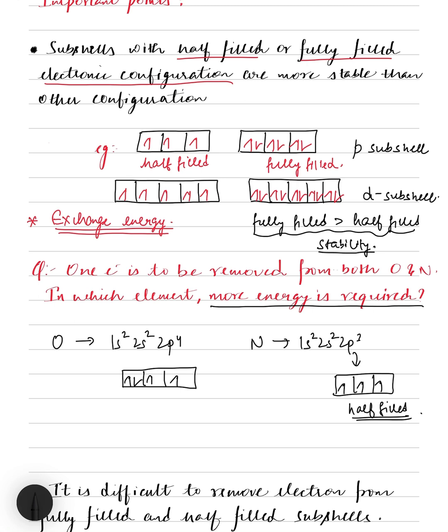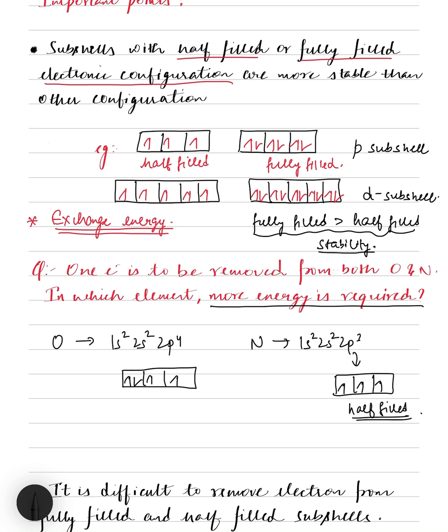And we know half-filled configurations are highly stable as compared to normal configurations. Oxygen has neither half-filled nor fully filled, but nitrogen has half-filled. That means the electronic configuration of nitrogen is more stable as compared to oxygen.